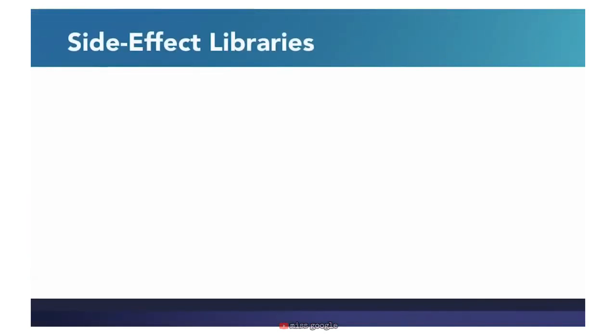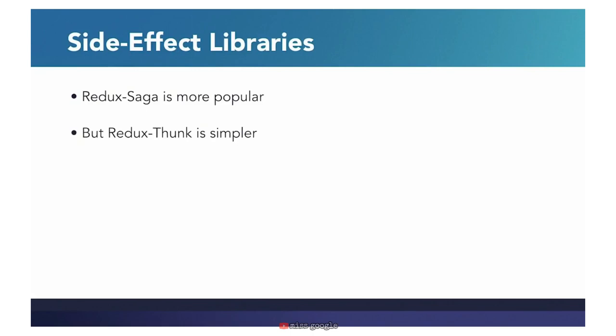In terms of relative popularity, that is, in terms of GitHub stars at least, Redux Saga is in a pretty big lead. However, because of the relative simplicity and smaller learning curve of Redux Thunk, we're going to be covering Redux Thunk in this course. But just understand that if at some point in the future you want to look into Redux Saga or some other side effect library instead, they're all used to solve roughly the same set of problems as Redux Thunk.